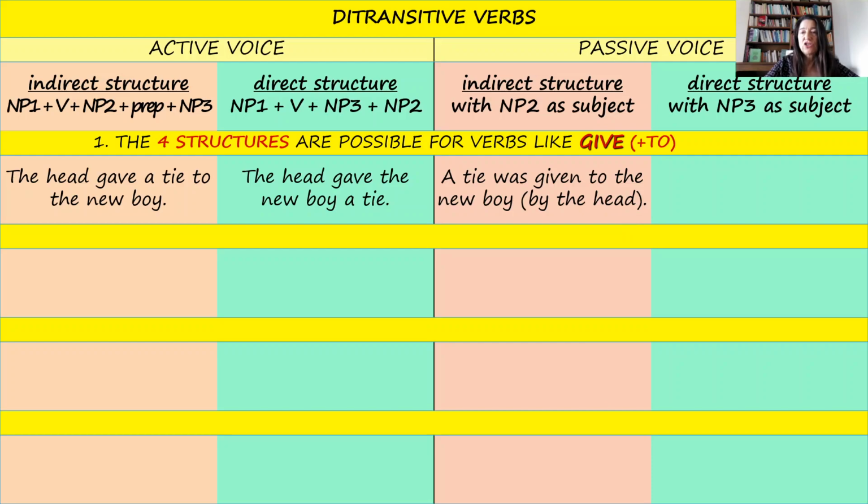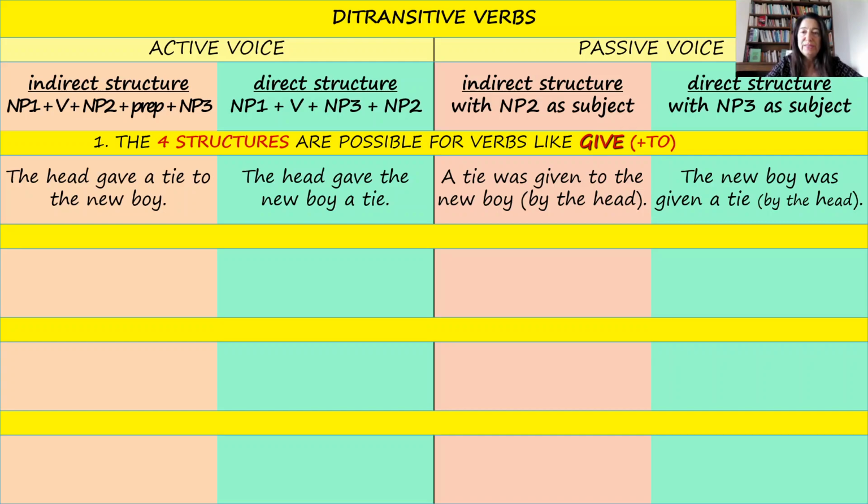And the direct structure is also possible with verbs like give in the passive voice. So let's start with NP3. As you remember, NP3 is the new boy. So the new boy was given a tie. And again, we may or may not mention the agent by the head. So some ditransitive verbs function like give, which we will memorize as a model for these verbs.